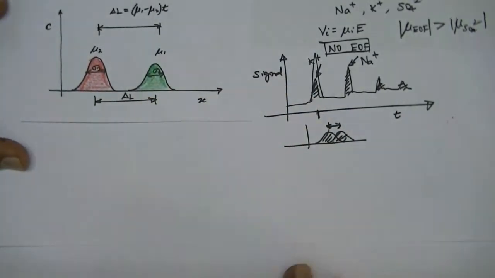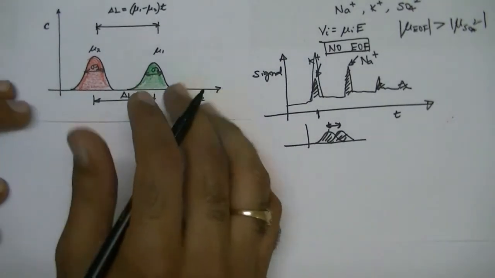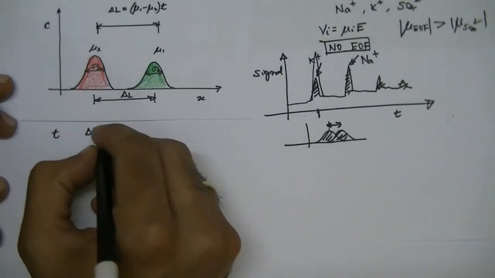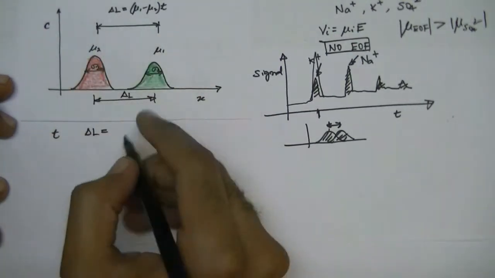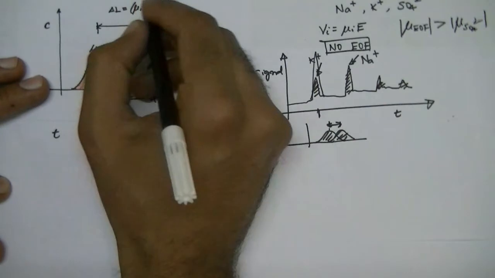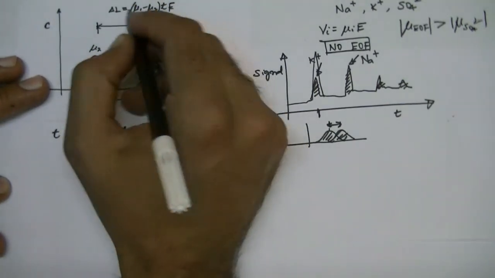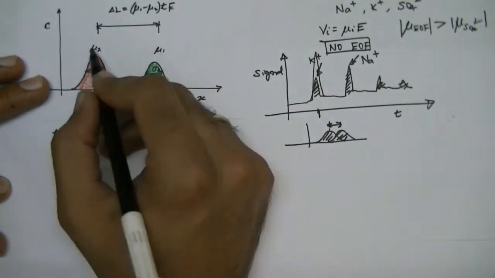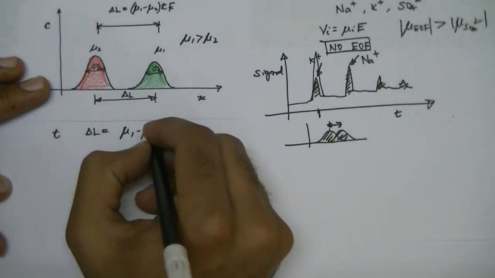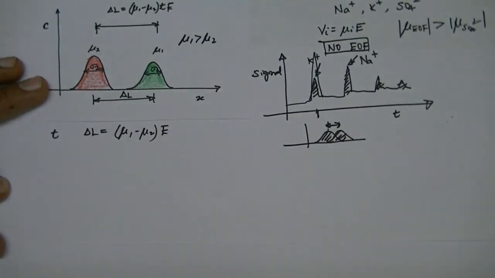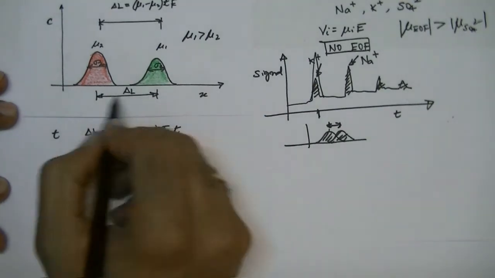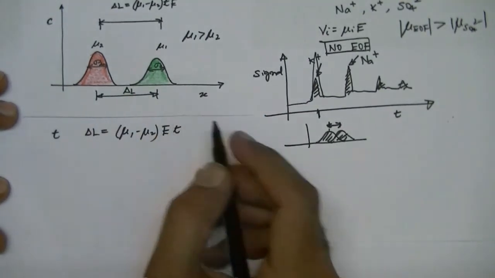If we have concentration versus the axial coordinate, at time t, the peak to peak distance would be the relative mobility of these two ions, mu1 minus mu2, where 1 is the fastest ion and 2 is the slower ion, times the electric field, which is the relative velocity of these two peaks, and times time t is the distance by which these two peaks are separated over time t.